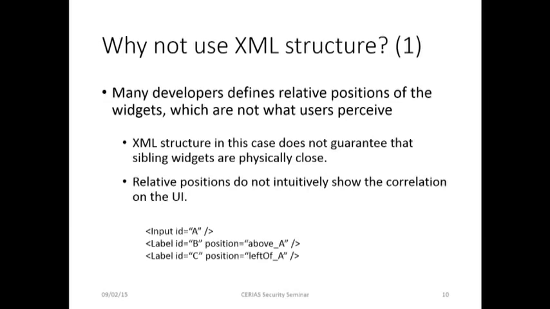For example, there are two labels B and C and one input field A, and their positions are defined as B is above A and C is left of A. Then we cannot directly say whether B or C is correlated to the input field A.